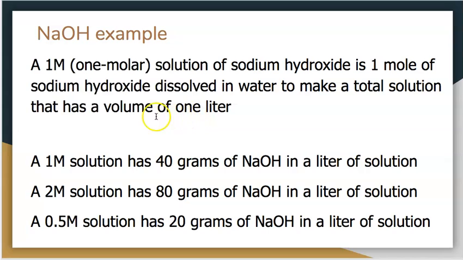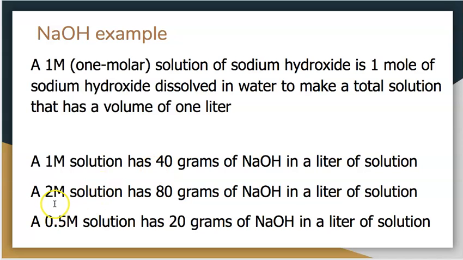So if we look at an example here, a 1 molar, that's our vocab, 1 molar solution of sodium hydroxide has 1 mole of sodium hydroxide, NaOH, in 1 liter of water. So a 1 molar solution has 40 grams of NaOH in it. 40 grams is 1 mole of NaOH.